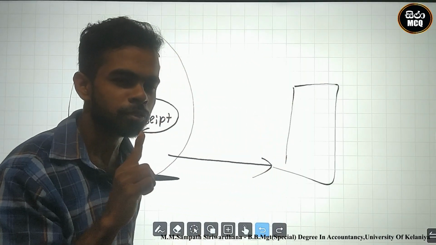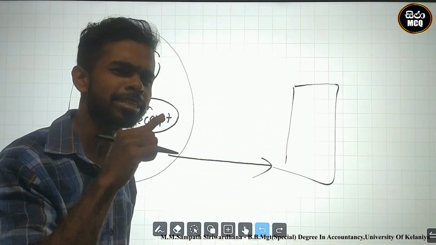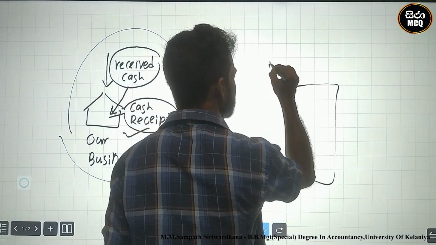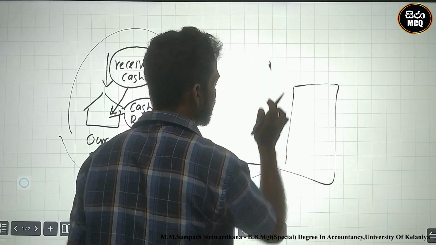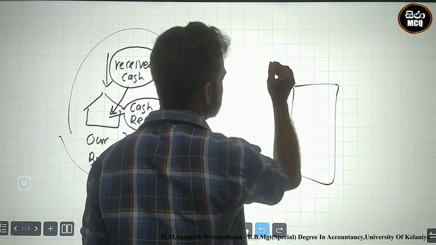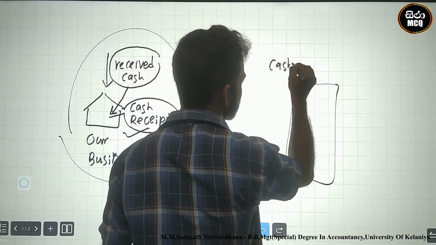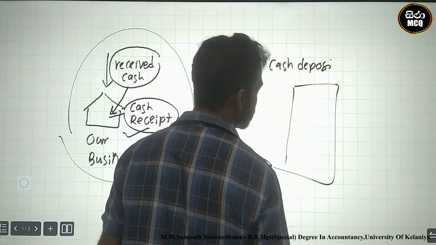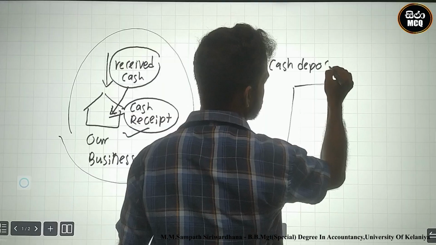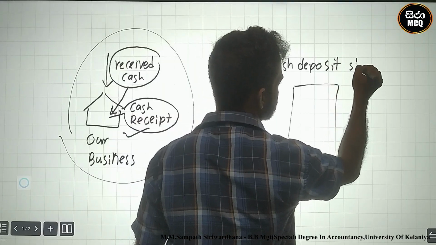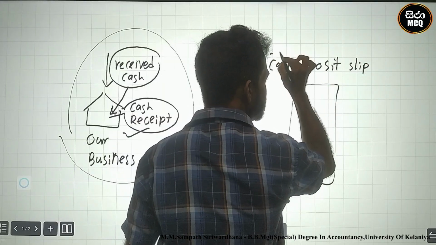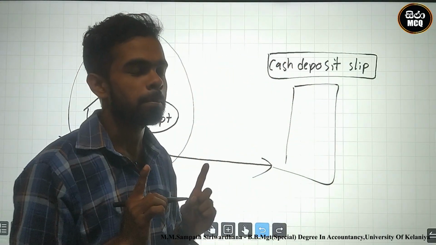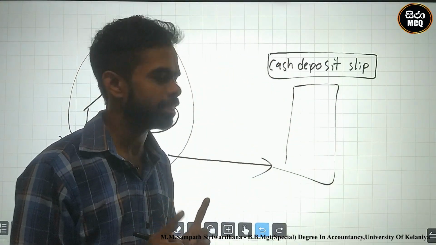When depositing cash in the bank account, what slip do we fill? Cash deposit slip. This is the second document. We can prove it.